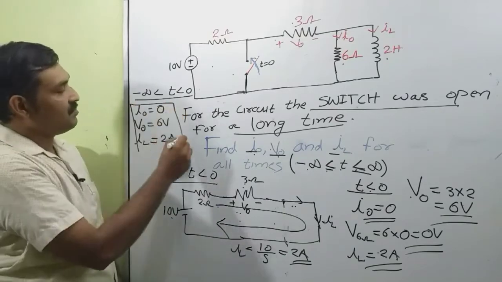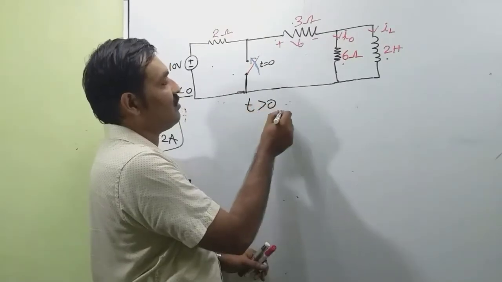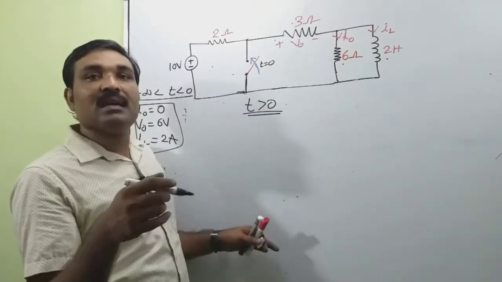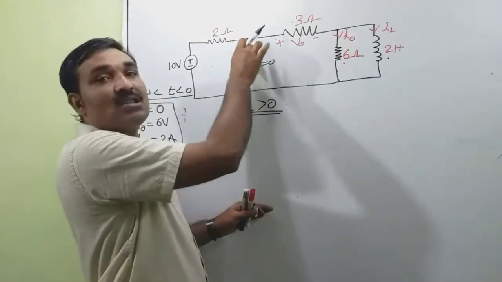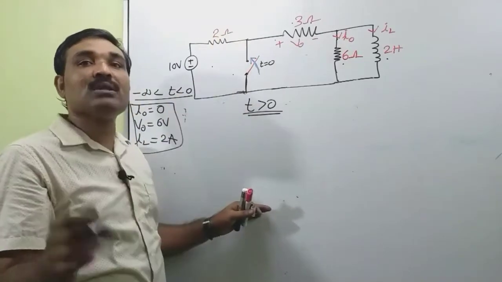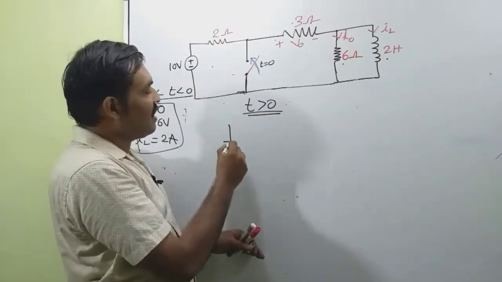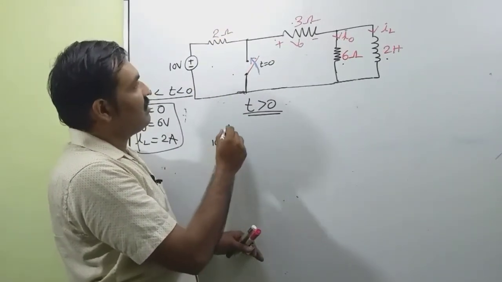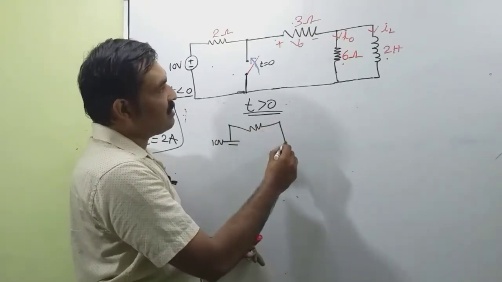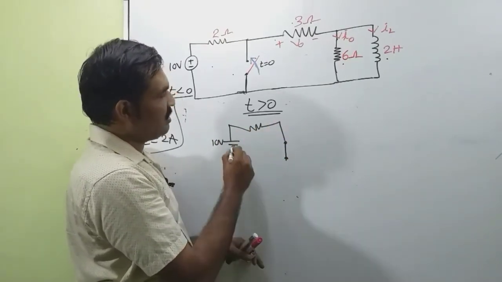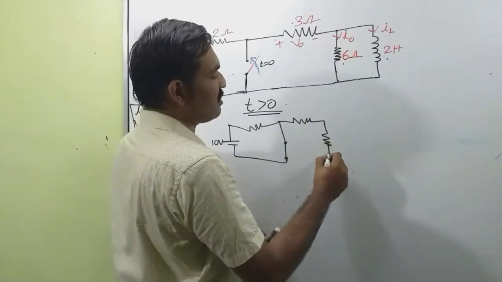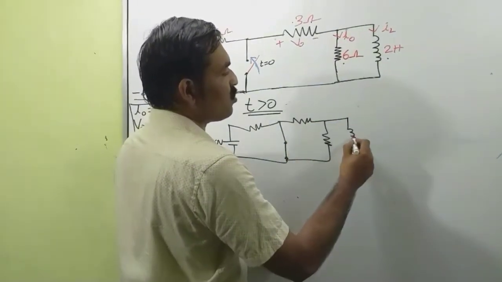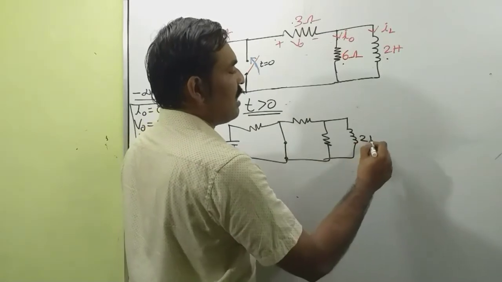Now for t greater than 0, at t equal to 0 plus, what happens? The switch is closed. So we can draw the equivalent circuit as we have a 10 volt source, then a 2 ohm resistance, the switch is closed, then a resistance of 3 ohm, a resistance of 6 ohm and an inductance of 2 Henry.